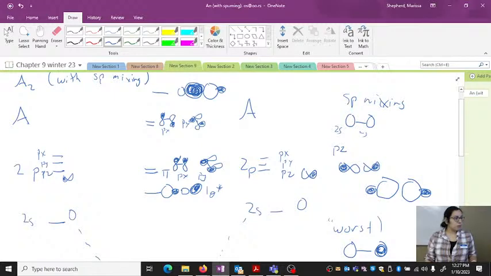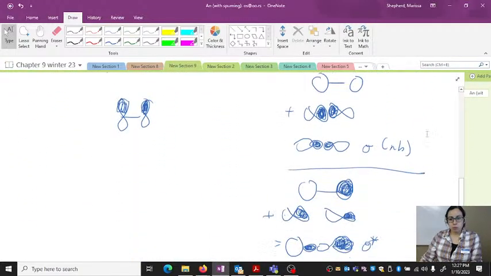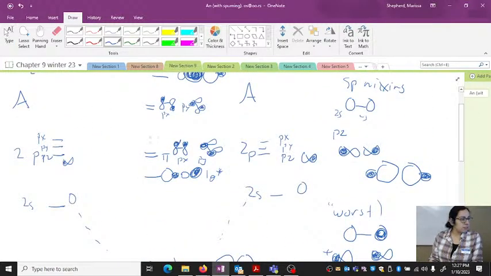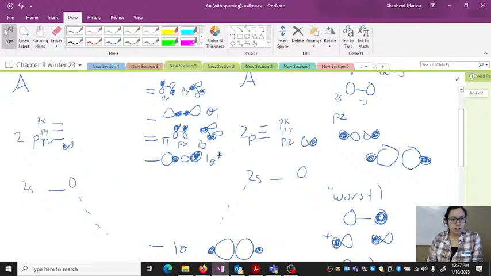And so our last one we have to squeeze in somewhere is, where did this guy go? Now it goes in the center here, just above this pi orbital. And again, almost non-bonding, formally bonding though. So we're at 2s here.